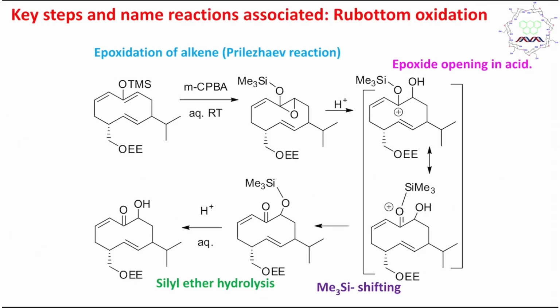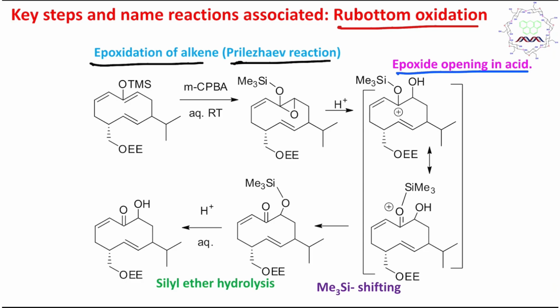Okay, so what are the name reaction or key step associated with this process? Actually the overall reaction is named as Rubottom oxidation, and the first step is epoxidation of alkene. I have already discussed, that is Prilezhaev reaction. Second thing, epoxide opening in presence of acid. I have already discussed the epoxide opening in presence of acid, base and neutral or slightly acidic or Lewis acidic medium.